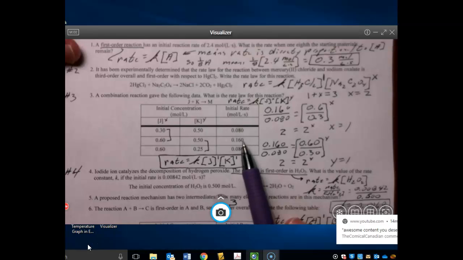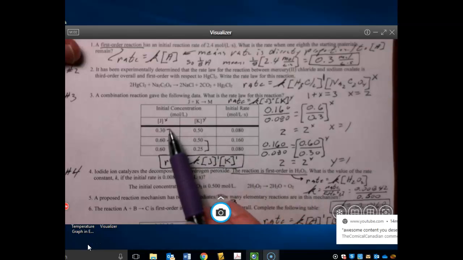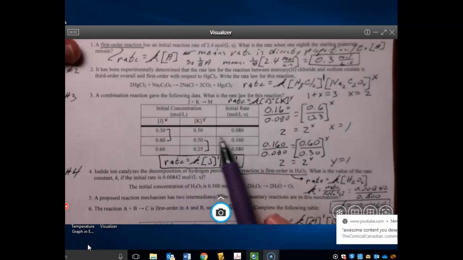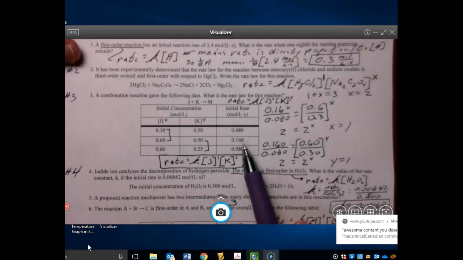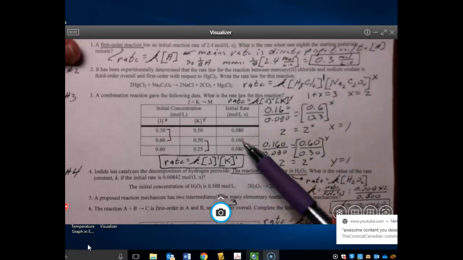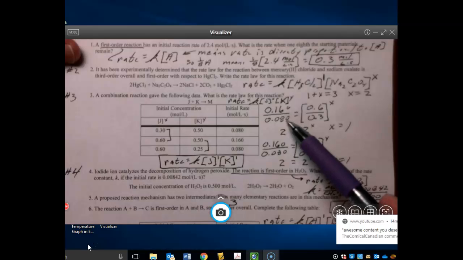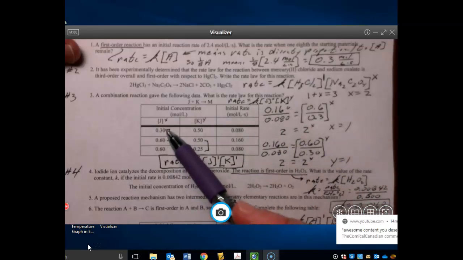Now you can probably just eyeball this and say, gosh, if the rate doubled and the concentration of J doubled, that must mean it's first order. But let's do the arithmetic of how you would figure that out if you can't just eyeball it. So I always take the bigger one, the 0.16, divided by the 0.08 from here, and then I take the reactant that is changing.